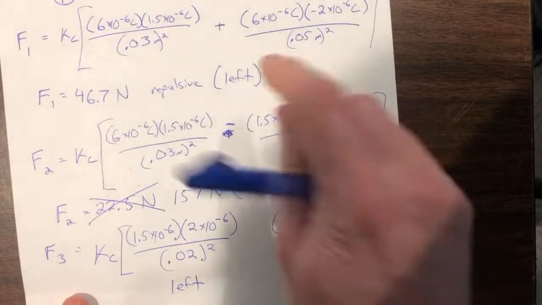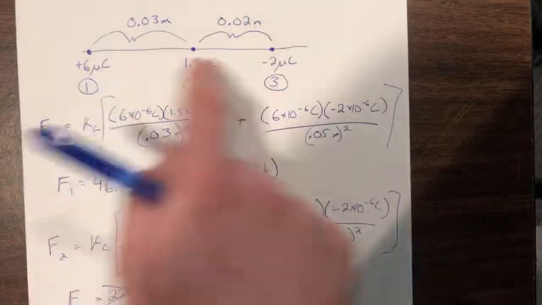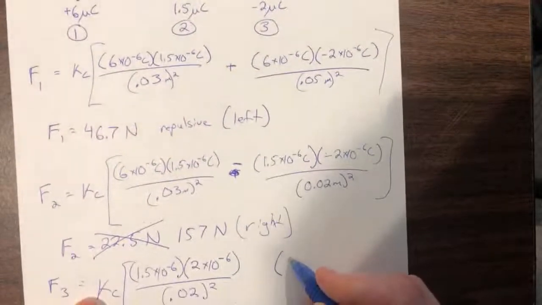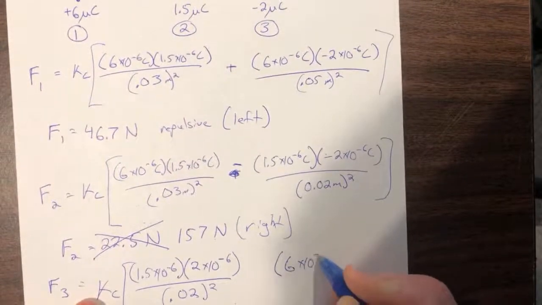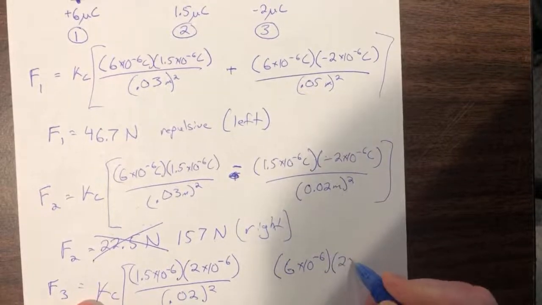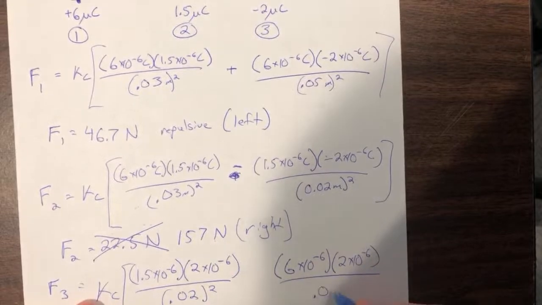The next one is going to be these two, which is down here, 6 times 10 to the minus 6 times 2 times 10 to the minus 6 all over their distance, which is 0.05 squared.